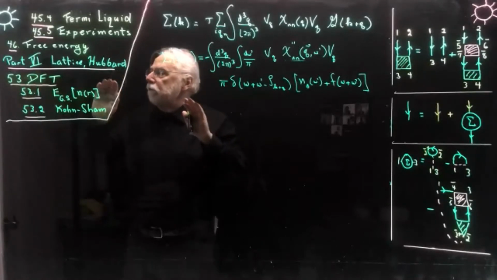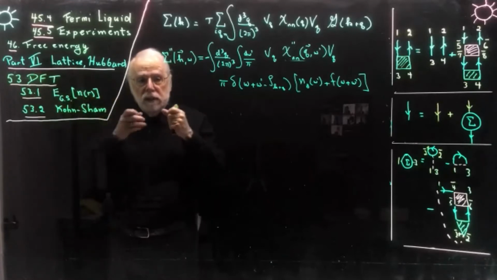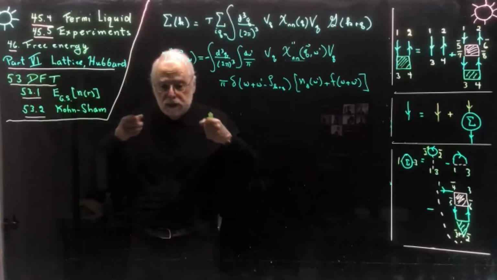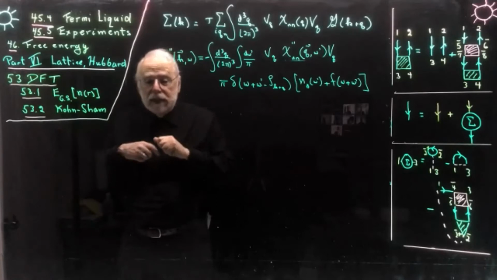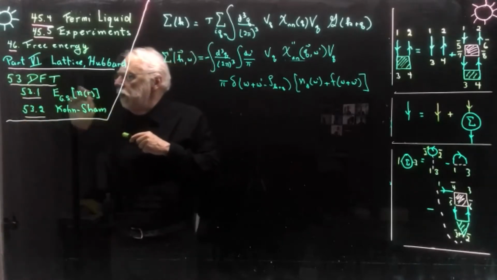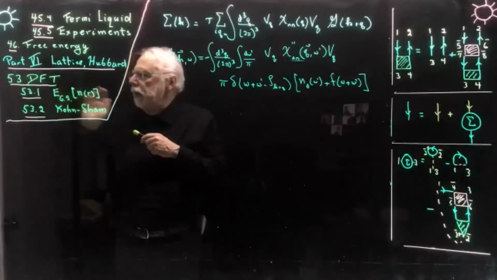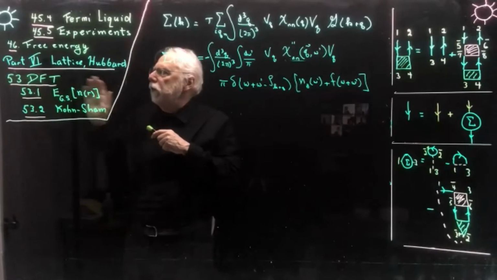And if we go to the lattice, in other words, we include the presence of discrete atomic sites instead of a uniform background, we go to a density functional theory that I will comment on later.